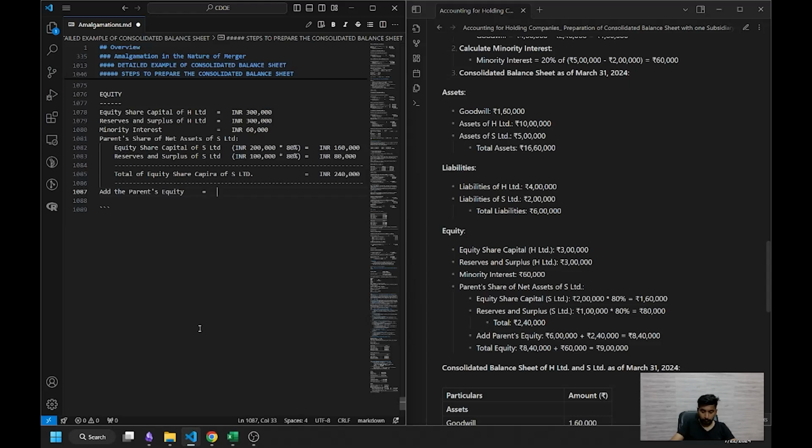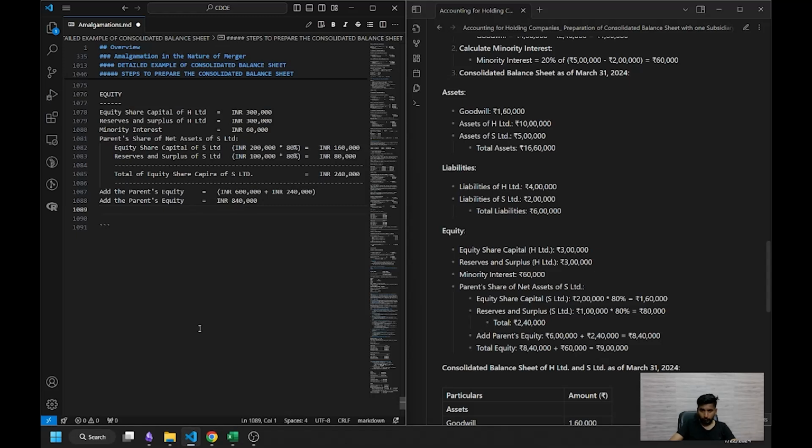That is rupees 6 lakhs plus 2 lakh 40,000. So the amount will be 8 lakhs 40,000.